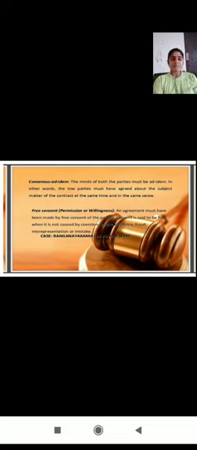And the next one is undue influence. In the same sense, it is a mental force. Coercion is a physical force and this is a mental force. Who will do this undue influence? The parties who have a near relationship, like a doctor and a patient.